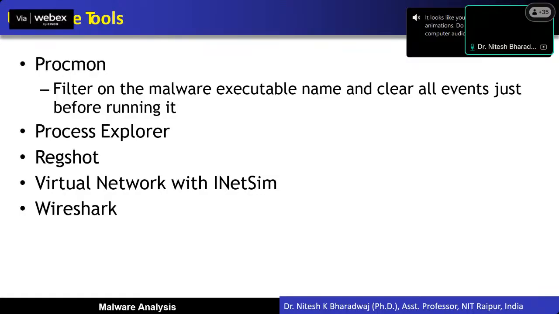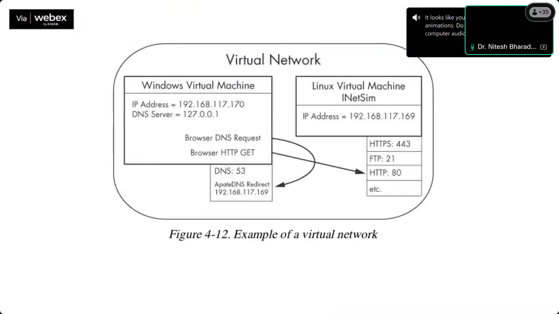Then we have Procmon, where you filter on the malware executable name and clear all events just before running it. Process Explorer, I think you know about Process Explorer, Regshot for registry details, the virtual network with INetSim that we have just configured, and Wireshark. These are the tools which may help you to get the complete detail about it. So this is how it works.